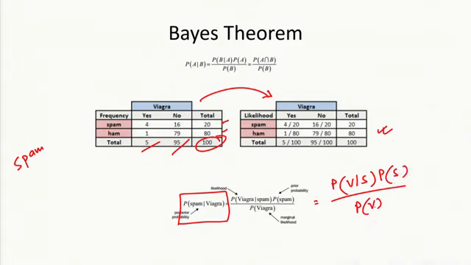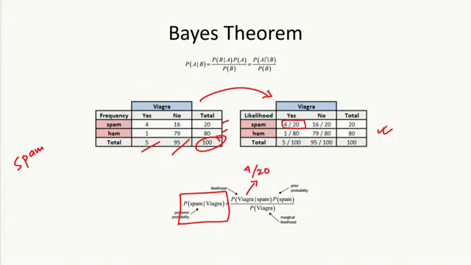It is V given S by probability of V. So, what exactly is this V given S? So, given that it is spam, what is the probability that it is Viagra? If you check, the thing is 4 by 20.